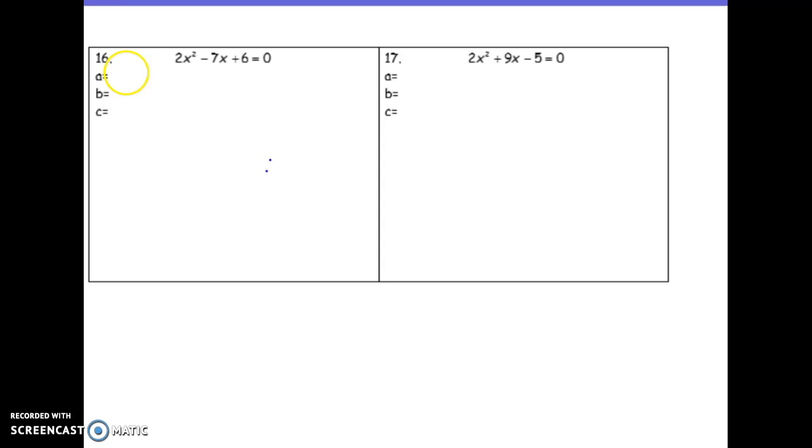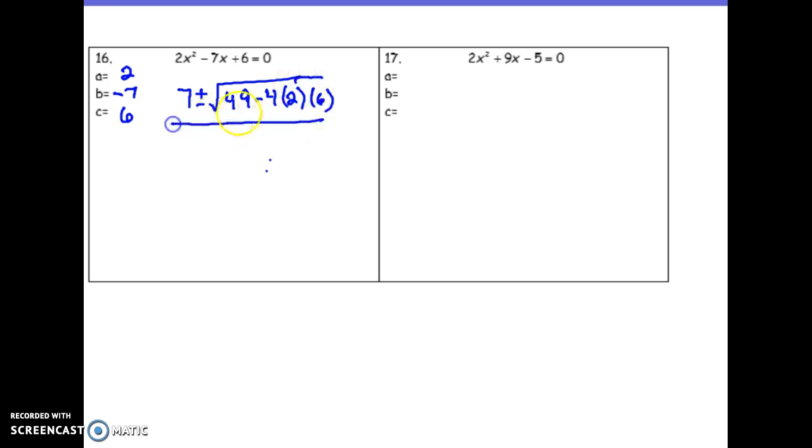All right, so welcome back. We've got our 2, negative 7, and then we've got a 6 for our a, b, and c. This would become 7 plus or minus the square root of 7 squared, which is 49, minus 4 times a times c, and that's all going to be divided by 2 times 2. We simplify. This is 7 plus or minus the square root of 49 minus 48, divided by 4.